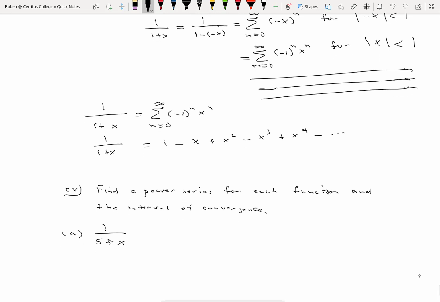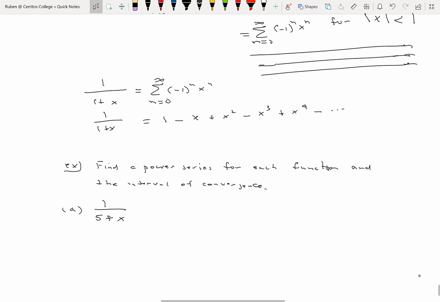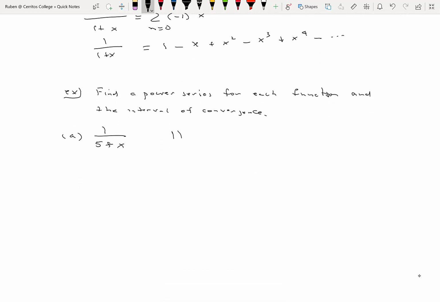Don't ever lose track of the idea that we're trying to recycle over and over again that 1 over 1 minus x equals the sum of x to the n, n ranges from 0 to infinity, and this power series converges for the absolute value of x less than 1. This is what we have, and what we want is 1 over 5 plus x.